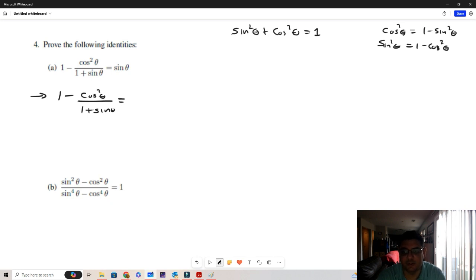Clearly here the issue is that we need to get rid of whatever we have with this 1 plus sine of theta down here. And to do that, we probably want to factor something out and cancel. So we're going to transform this cosine in terms of 1 minus sine squared.